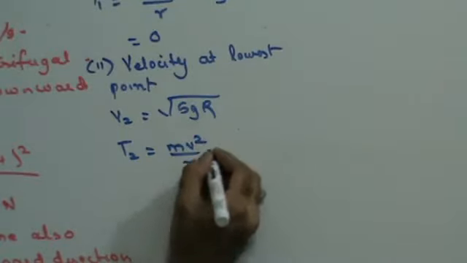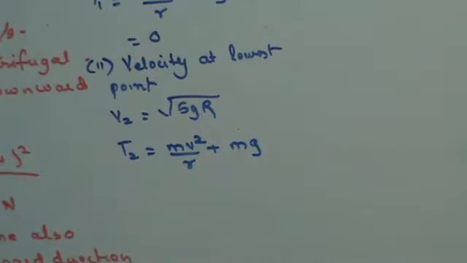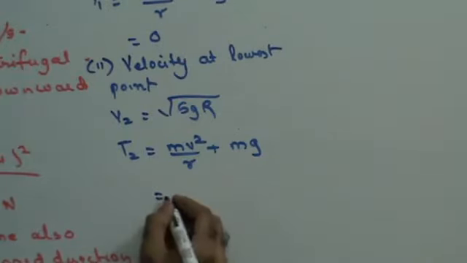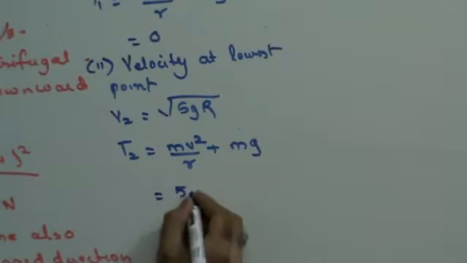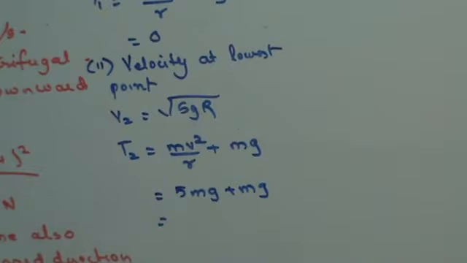Centripetal force mv square by r, weight acting downwards mg, right? Now this is going to be equal to 5 mg plus mg. Again we have done this derivation of how mv square by r becomes equal to 5 mg. So this is going to be equal to 6 mg, right?